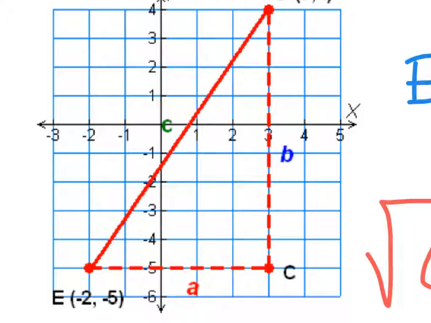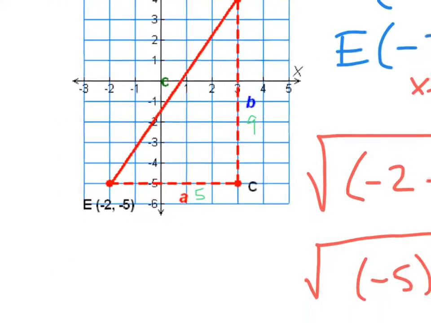A is the length of this, so it's 5. So A is 5. What's B? 1, 2, 3, 4, 5, 6, 7, 8, 9. B is 9. You know that this point is 5 below the x-axis, and this point is 4 above, so 4 plus 5 is 9.